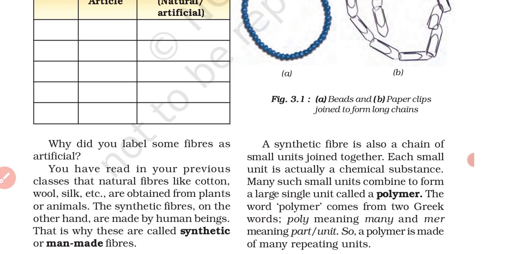A synthetic fiber is a long chain of small units joined together, and each small unit is a chemical compound. Many such small units joined together one after the other form a very large single unit which is called a polymer. It is the man-made polymer which forms synthetic fibers.